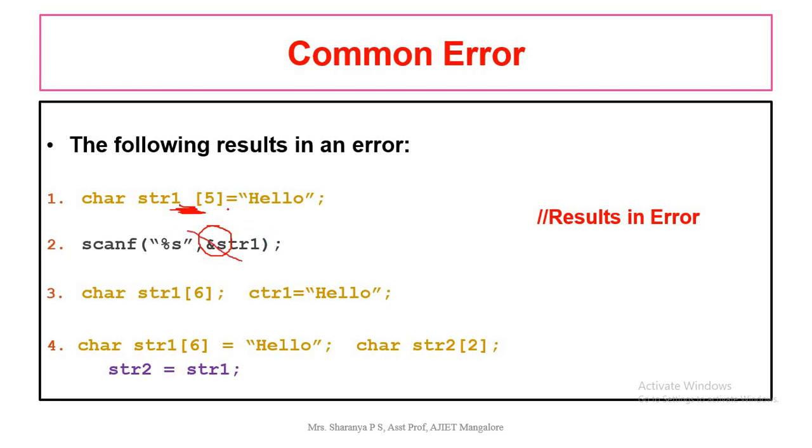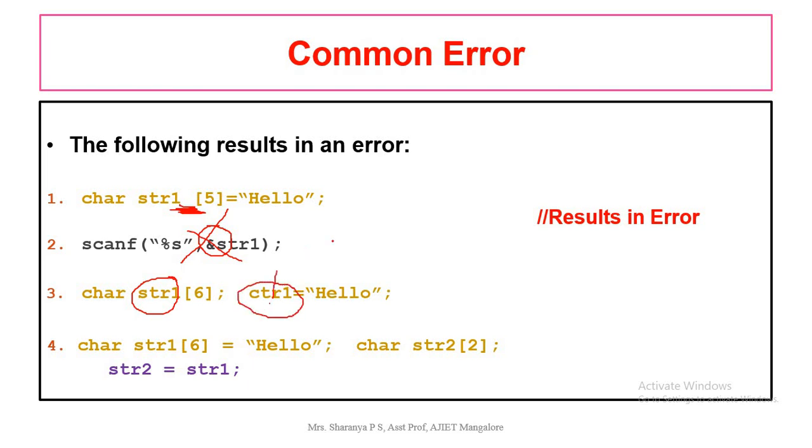We use the ampersand only with integer, character or floating point values, not with a string variable. Next, here we have declared the string as str1, but we are using it as control1.